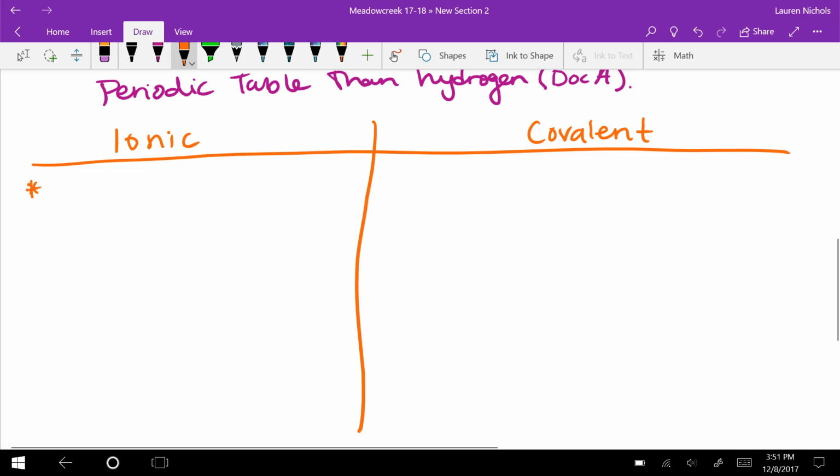One thing to remember is that ionic compounds are made up of metals and nonmetals and polyatomic ions.